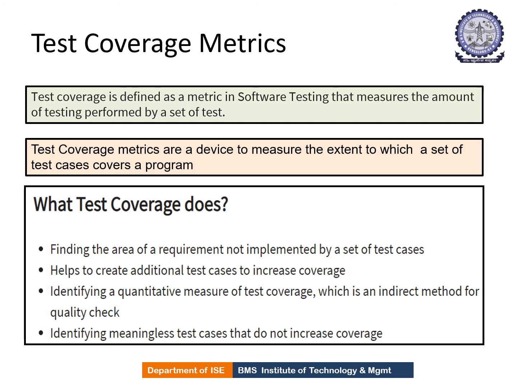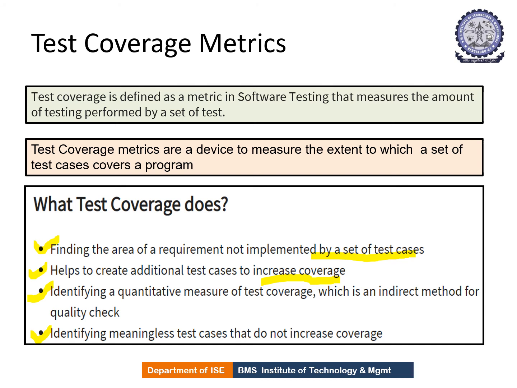Finding the areas of requirements not implemented by the set of test cases helps to create additional test cases to increase coverage. It gives a quantitative measure of test coverage, which is an indirect method for quality check, and identifies meaningless test cases that do not increase coverage.